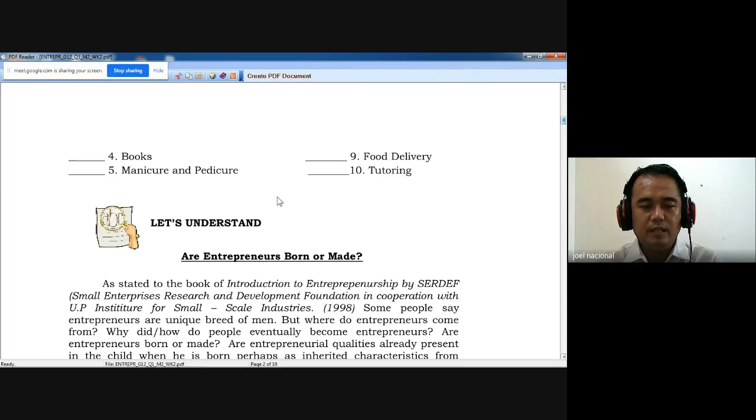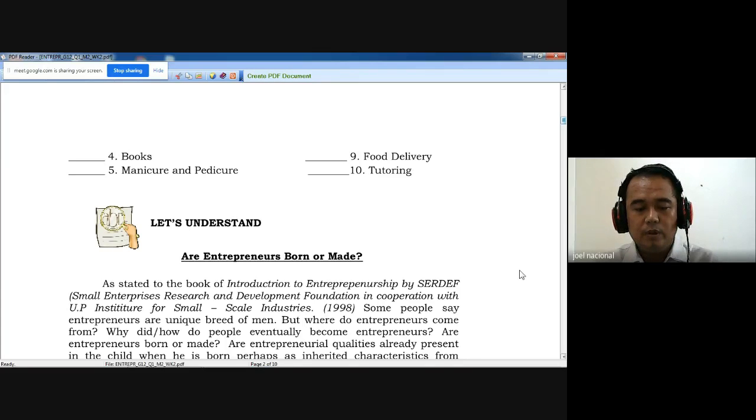And in let's understand why entrepreneurs born or made. So are they born or are they made? As stated in the book Introduction to Entrepreneurship by Sir Dev, Small Enterprises Research and Development Foundation, in cooperation with UP Institute for Small Scale Industries, 1998. Some people say entrepreneurs are a unique breed.